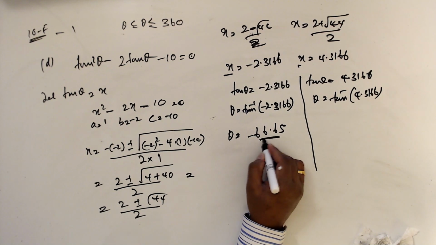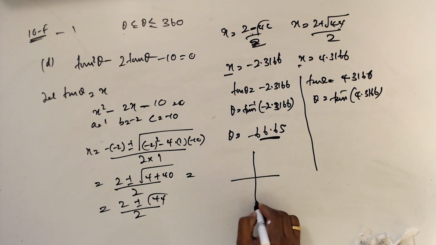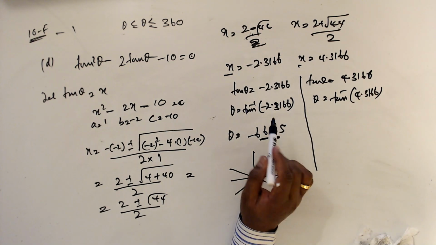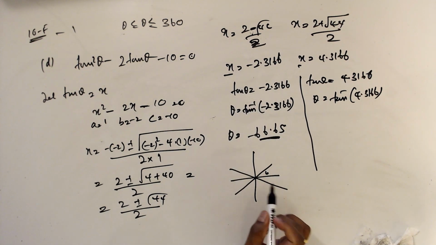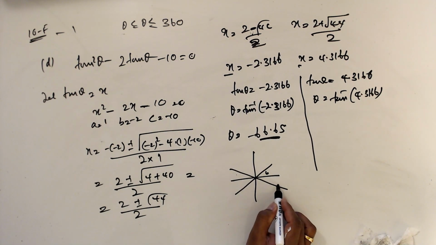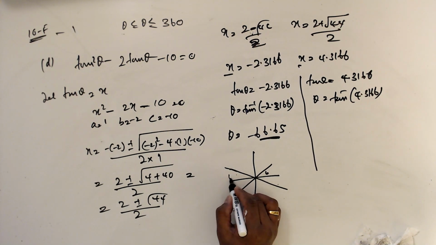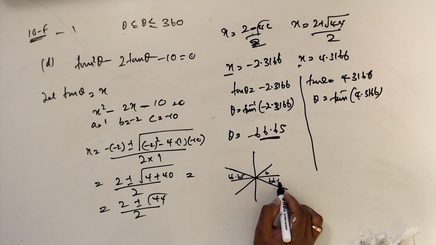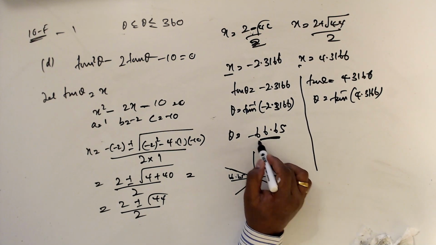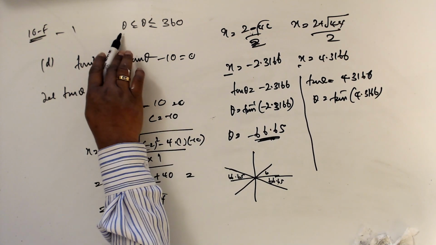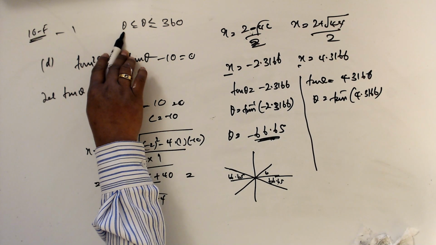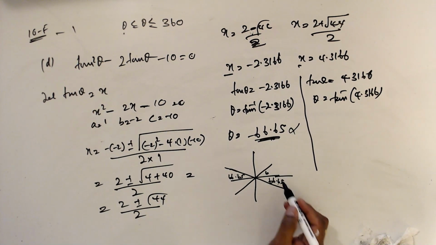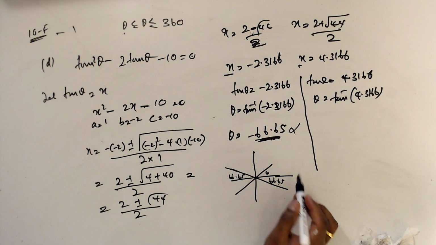So this is an acute angle, so we'll use this angle, since it's acute. And tan is negative in the second and fourth quadrants. So this is 66.65. This is also an answer, but the range is less. It is less than 0, so we don't consider it as an answer because it is out of range.